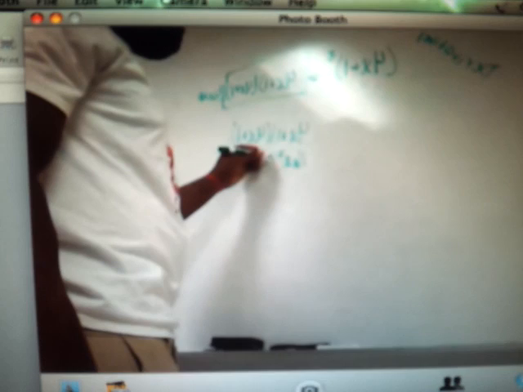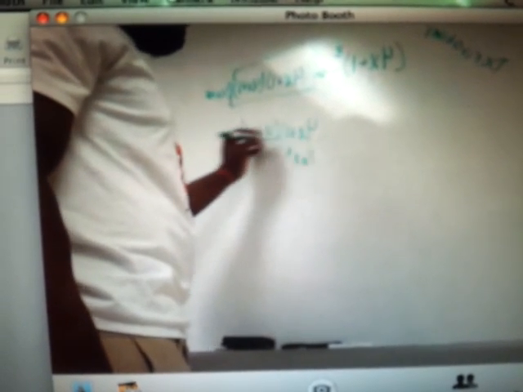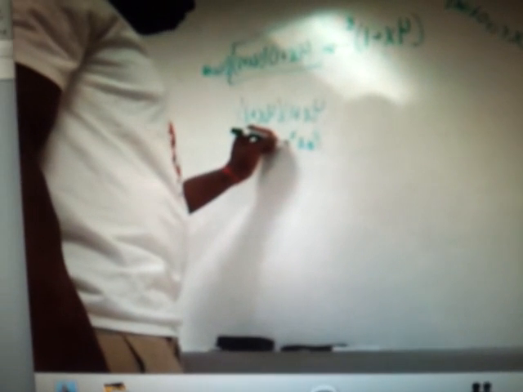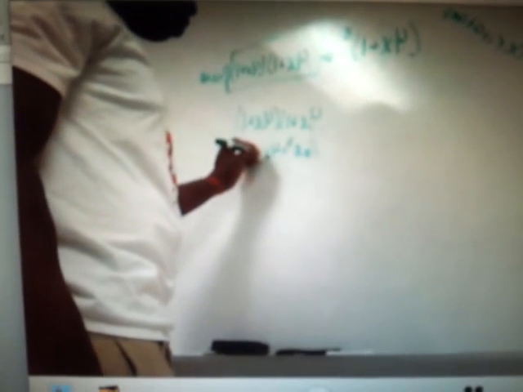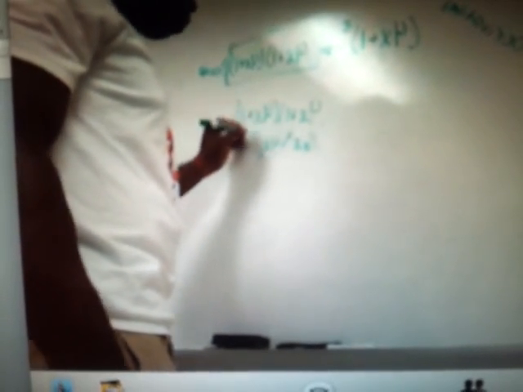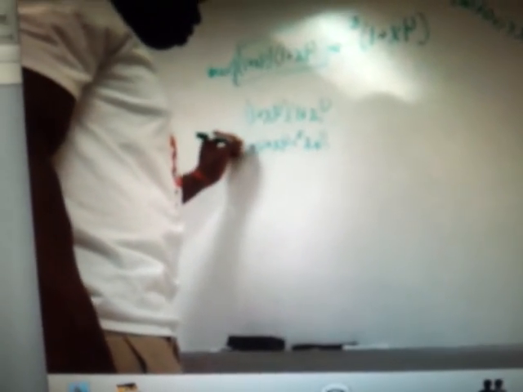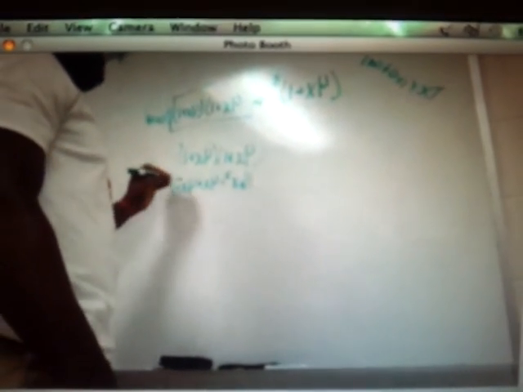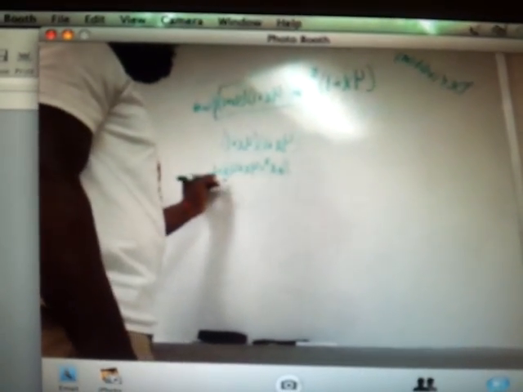Then 4x times plus 1 equals 4x. 1 times 4x equals plus 4x. 1 times 1 is 1. After you've got your answer, you will reduce this problem to like terms, which will then become 16x squared plus 8x plus 1.